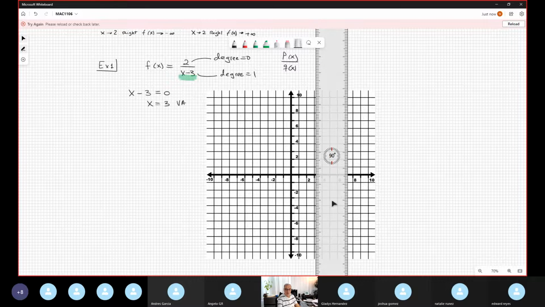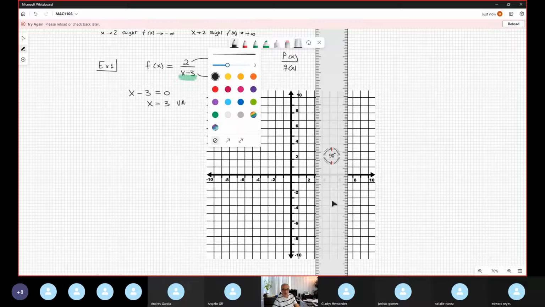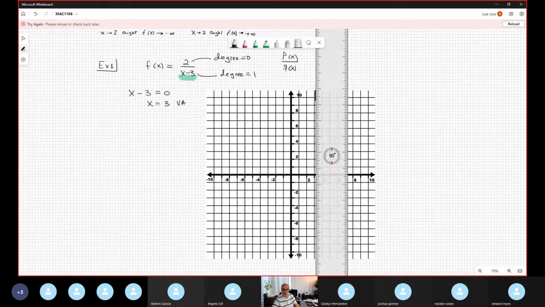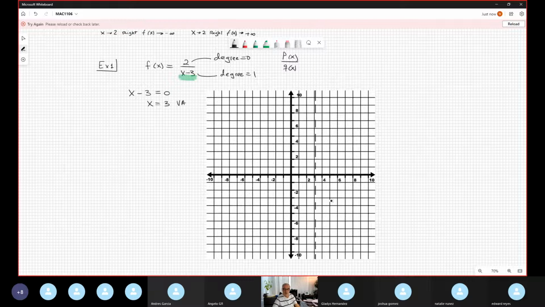Of course, the convention for the vertical asymptote is always a dotted line, black color. This is our vertical asymptote. We have only one.